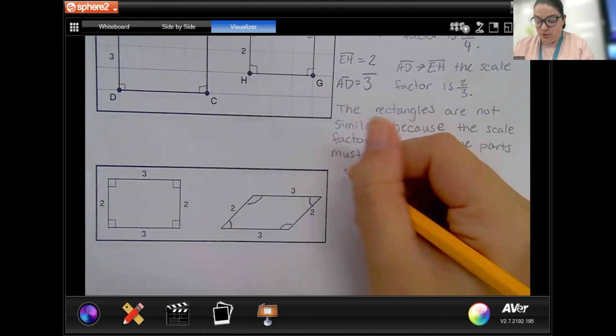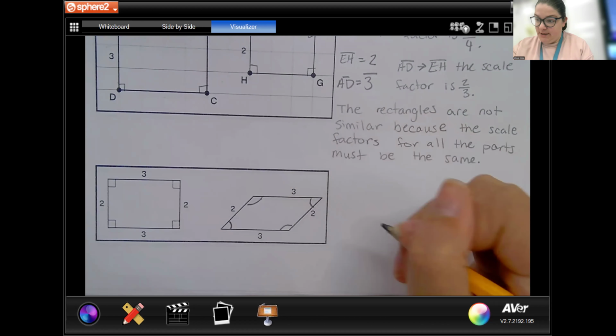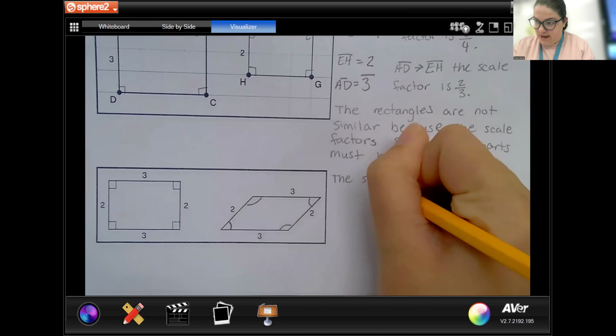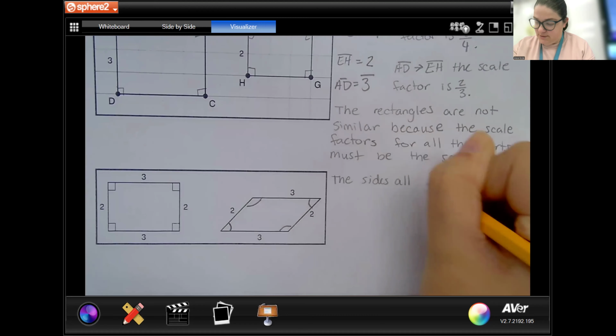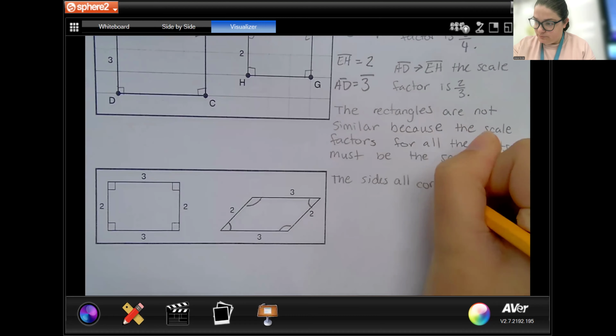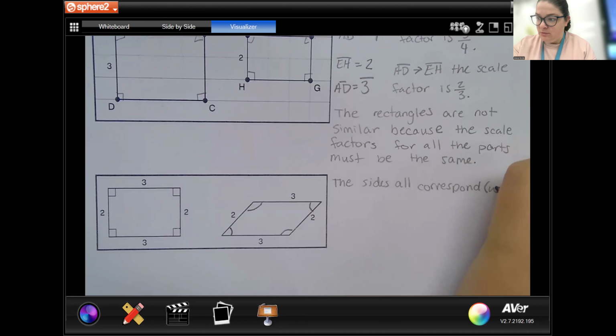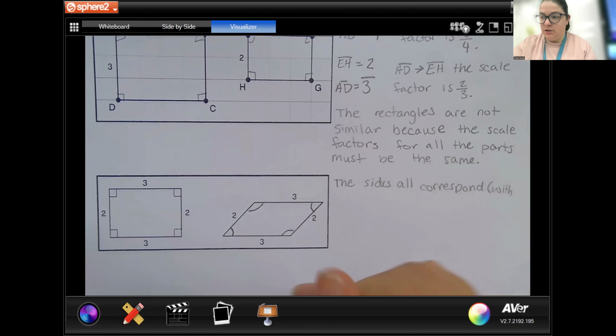So these are also not similar, and we're going to say the sides all correspond. And we'll mention the scale factor of 1.